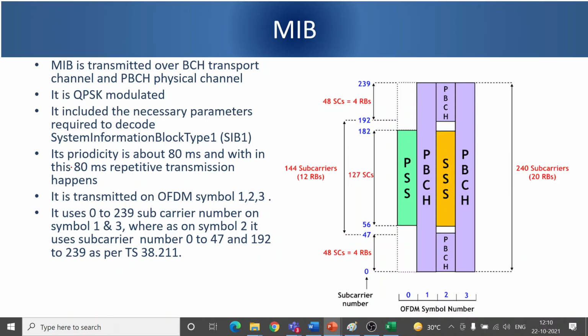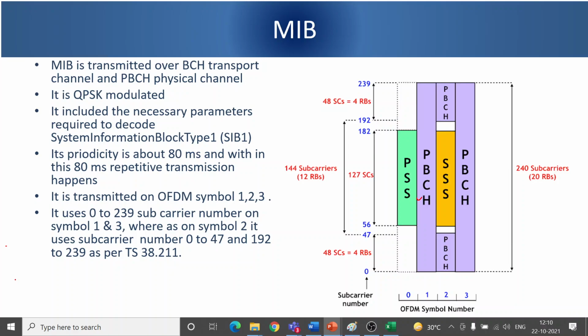Now this PBCH which you see here contains the MIB, Master Information Block, right? And the PBCH will be QPSK modulated. So PSS and SSS were BPSK modulated, your MIB is QPSK modulated.